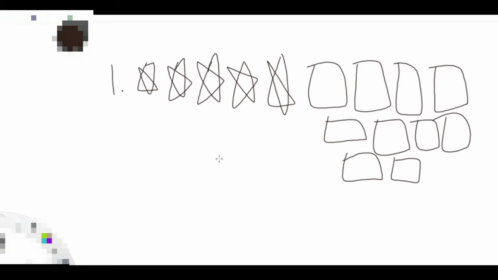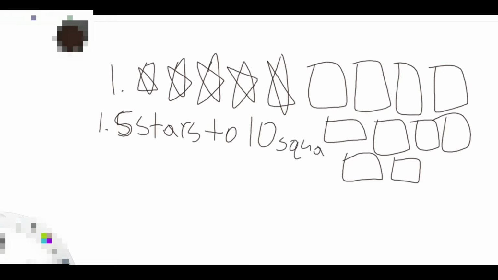So the first way you could write it is 5 stars to 10, I guess, squares. Running out of room.